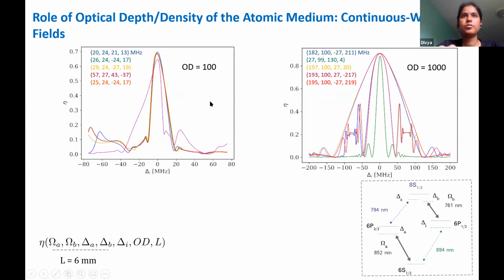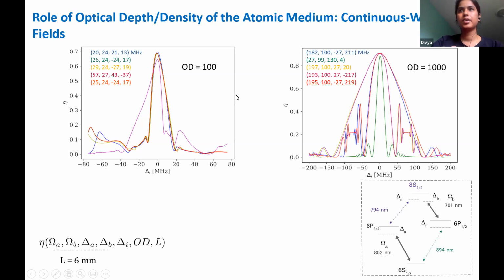For a lower or higher optical depth, say 100 first, you can get various parameters. For the first set of parameters you get one bandwidth, for the second set you get another bandwidth, but with the same efficiency. So all the efficiencies are the same.